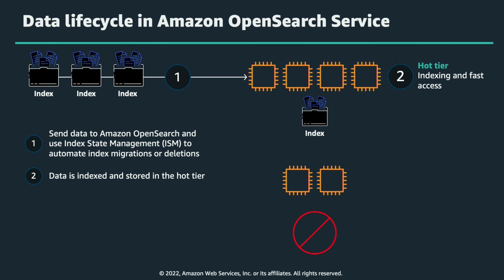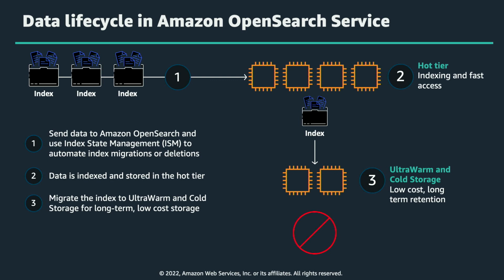So here's the data lifecycle in OpenSearch. I kind of touched on this earlier. When you index your data, it goes directly to the hot data tier, which is very fast because the hot data tier sits on the instances. The instance stores are where your data is stored.